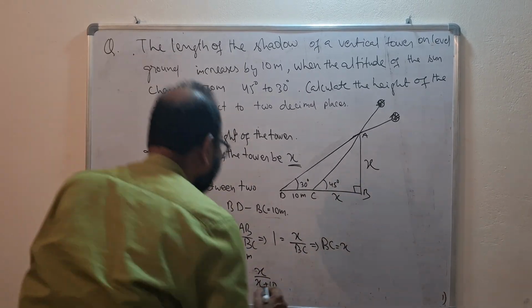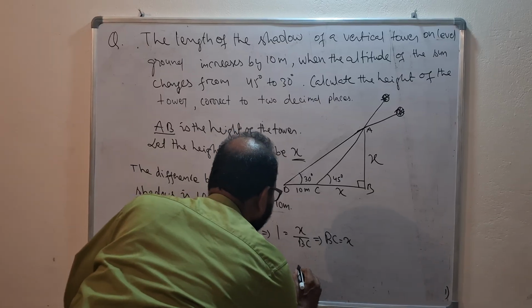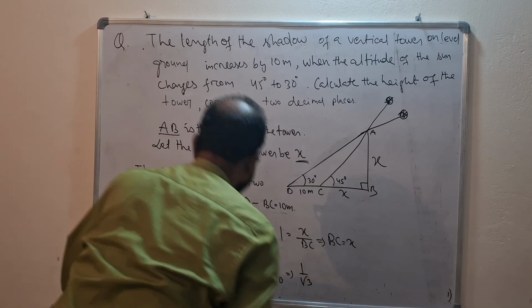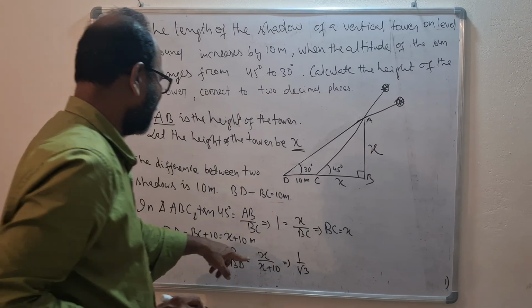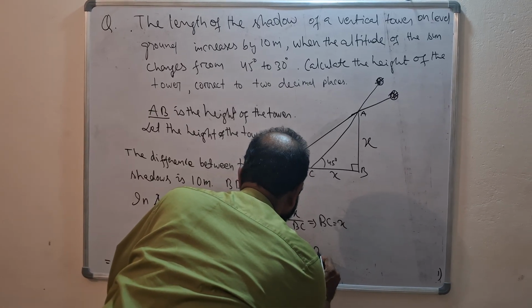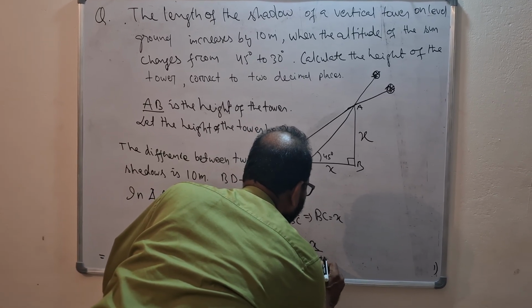So tan 30 degree is equal to 1 by root 3, which is equal to x by x plus 10.